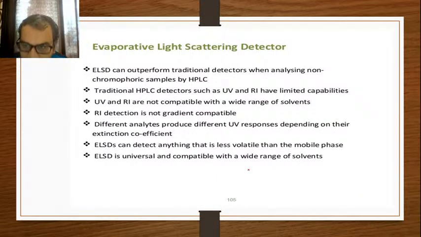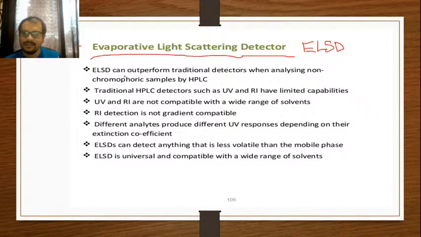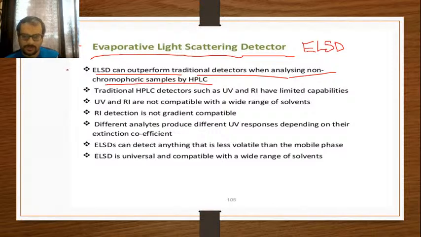There is one innovative technique called the evaporative light scattering detector, ELSD. ELSD can outperform the traditional detectors when analyzing non-chromophoric samples by HPLC.